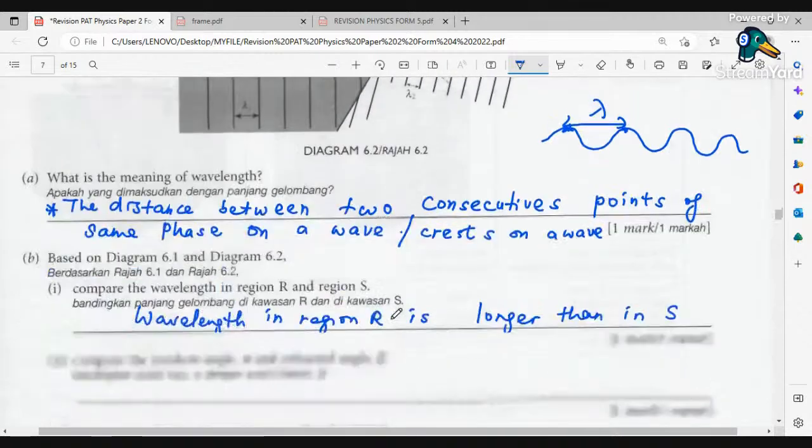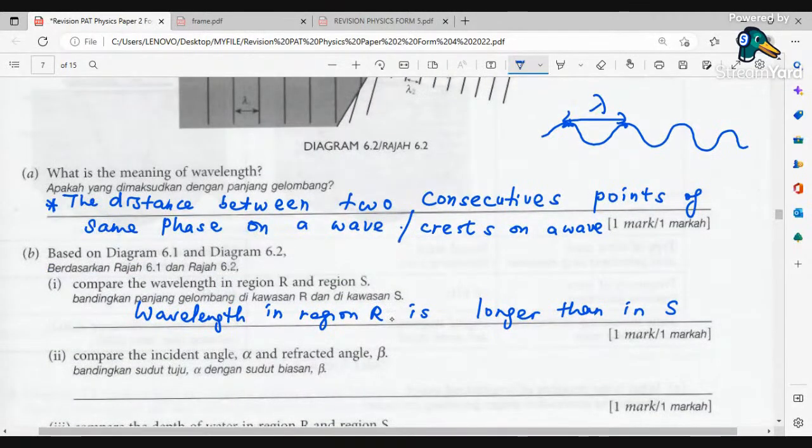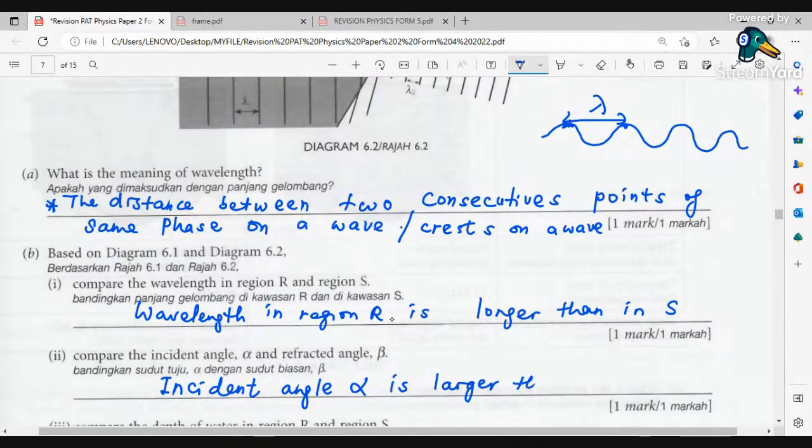When refracted towards normal, the angle of refraction, beta, will become smaller than alpha. Okay, so now I want to compare incident angle alpha is larger than refracted angle beta. Okay.